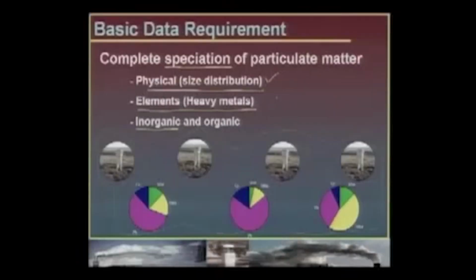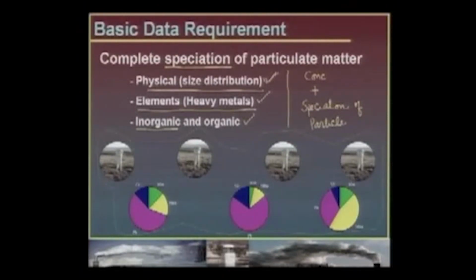So in order for us to be able to do the receptor modeling, we just don't need the concentration, okay, but we also need, plus, speciation of the particles. In what form? Possibly size distribution, elemental composition, additional inorganic and organic composition.